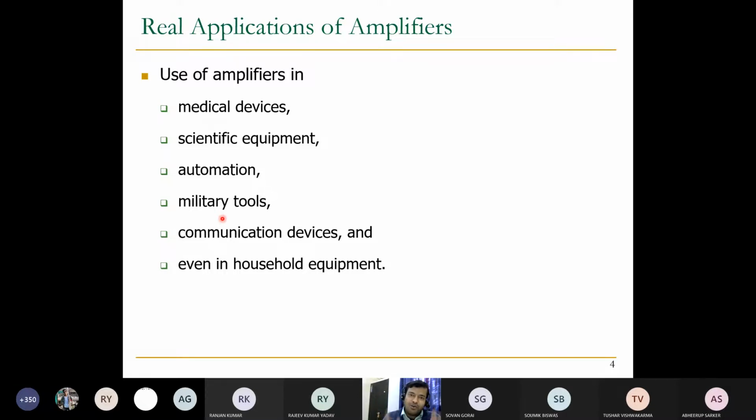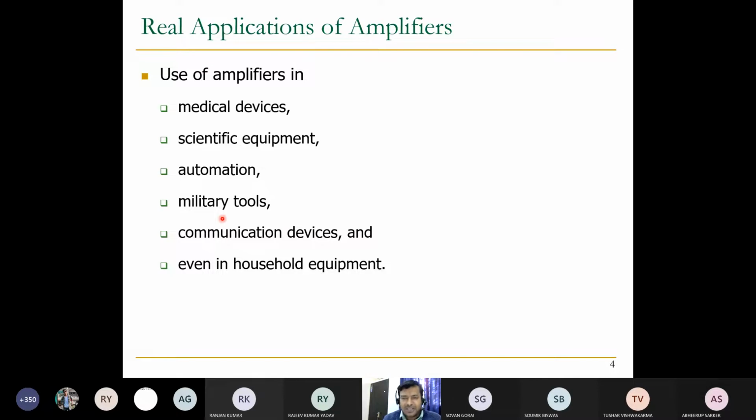This is one of the useful circuits, and these concepts will help you. With this circuit you can implement a device that you can design and utilize for real applications.